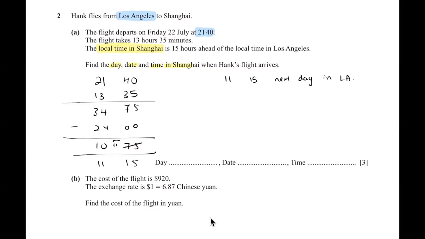So Shanghai is 15 hours ahead of the local time, meaning we take away 15 hours from the local time here. Let me just double check this. 34, so just minus another 15 hours. Local time in Shanghai, arrives.